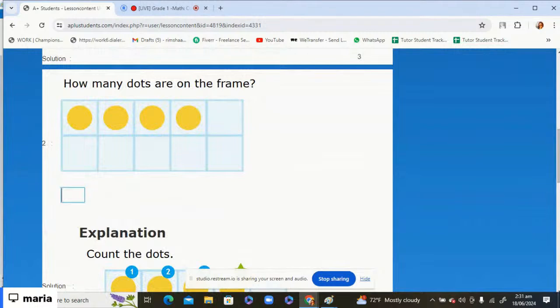Now these, count how many dots are there. Just count all the dots in this frame. Count it. Count the dots and then tell me the answer. This is also very easy. You just need to count the dots.